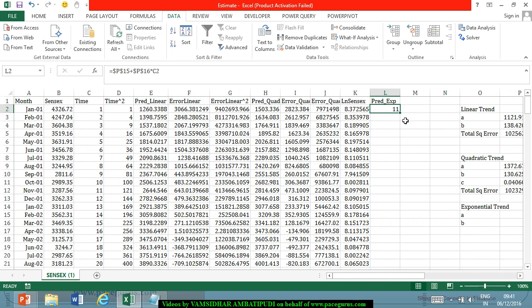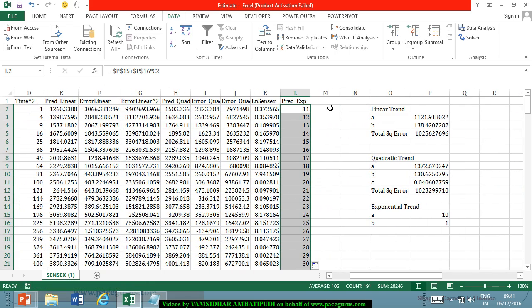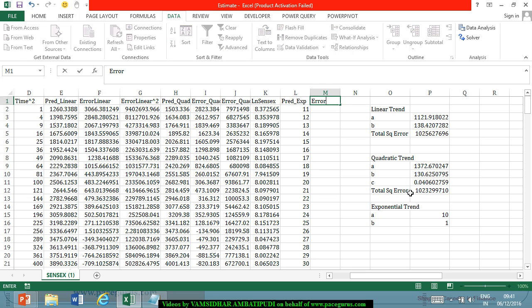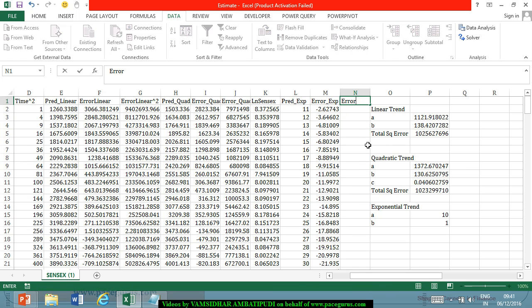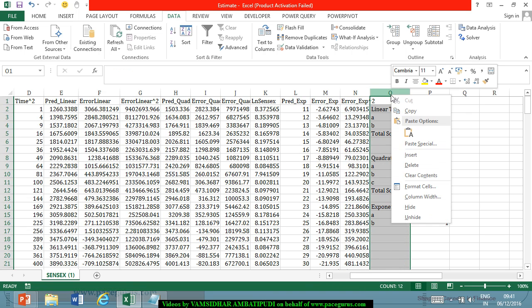So this is how the predicted values have come in the exponential model. Based on that, I am talking about error underscore exponential, which is the difference between the actual and the predicted. And taking the squared, we get error underscore exponential squared, which again is this number.